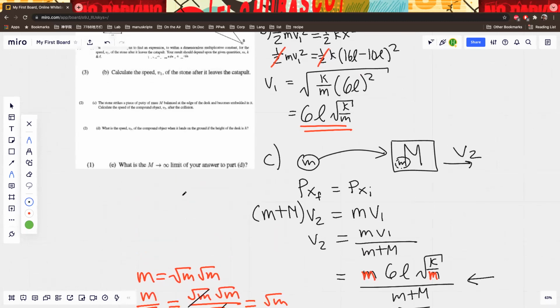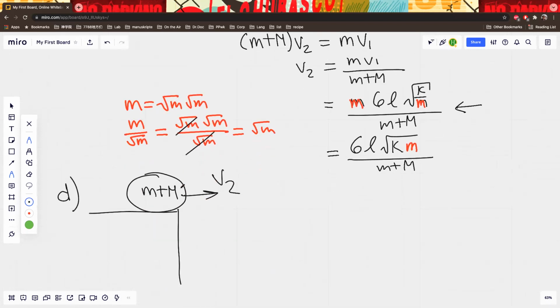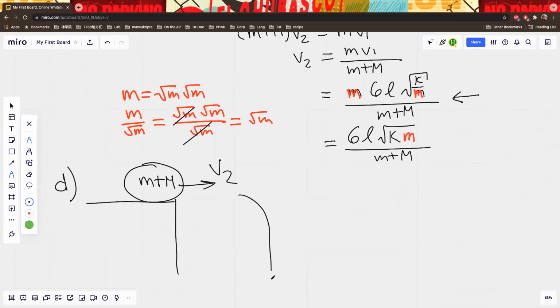V2 was the speed of the object after the collision, and now it's going to land on the ground. This is a height of h. So should we do a projectile then?